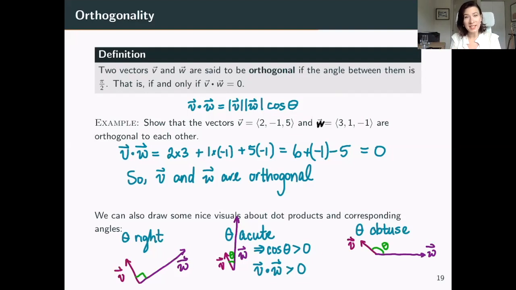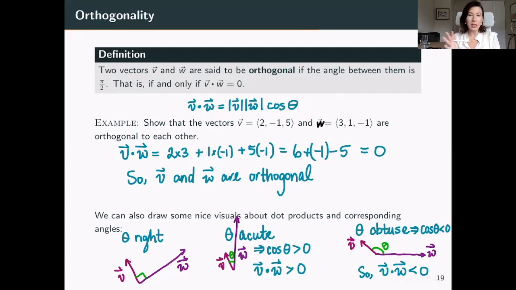Go ahead, pause the video, and see if you can figure out what the dot product would be if the angle theta is obtuse. If you said that the dot product would be negative, you are correct.